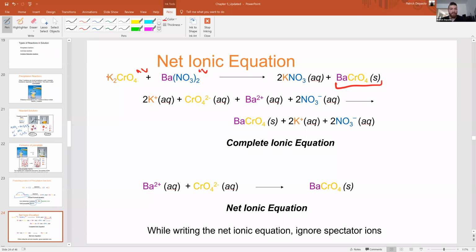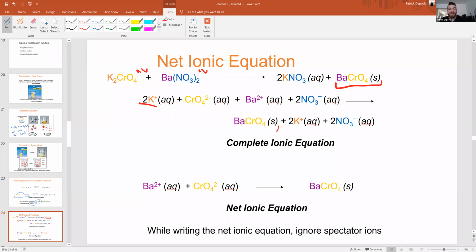So K2CrO4 will be separated. It'll be 2K+, because you can't write K2, it has to be 2K+, aqueous, plus CrO4 2-, aqueous, plus barium, Ba2+, aqueous, plus, there's 2 NO3s, so 2NO3- aqueous, yields the solid.